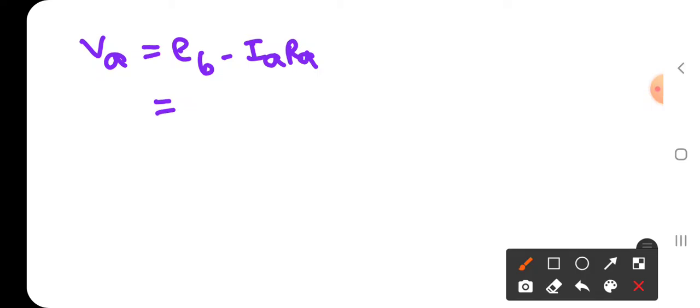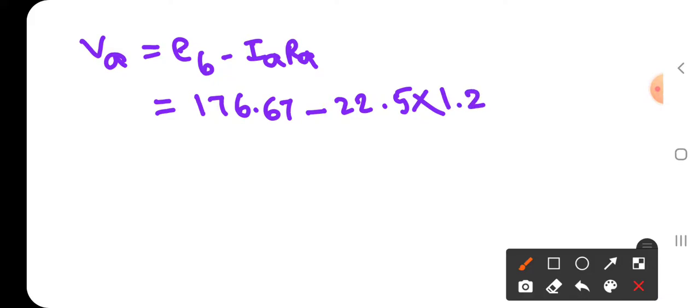VA is equal to EB minus IaRa minus IR, that is 176.67 minus 22.5 into 1.2, which is 149.67 volts.